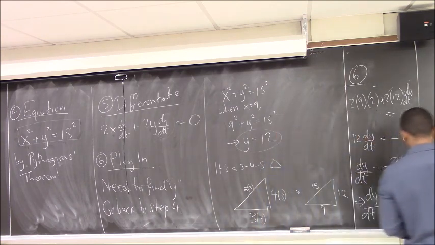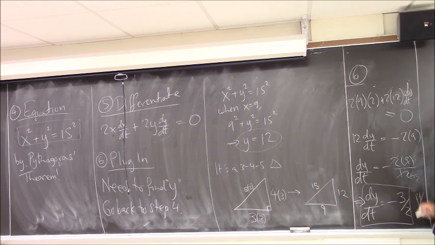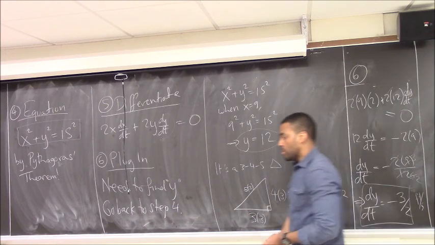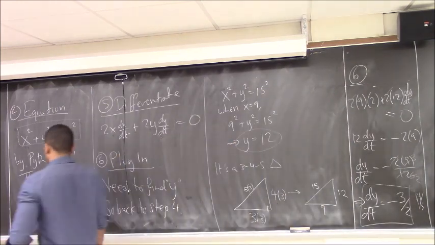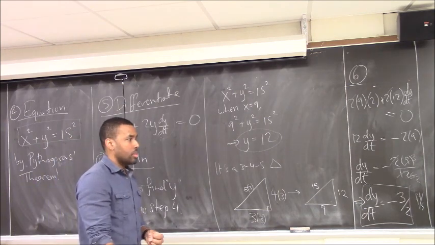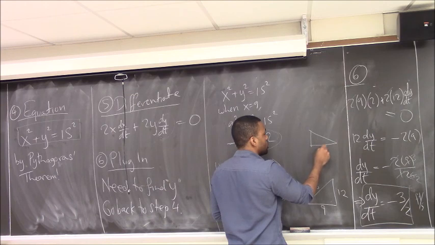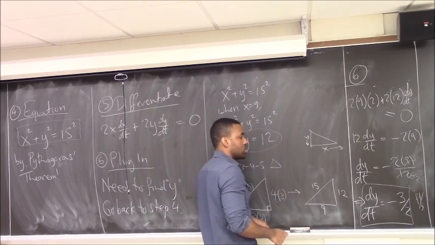And this is feet per second, but again, I don't really care about the units. Does that answer make sense? Yes, because it's decreasing. As x moves this way, y is going to move this way.